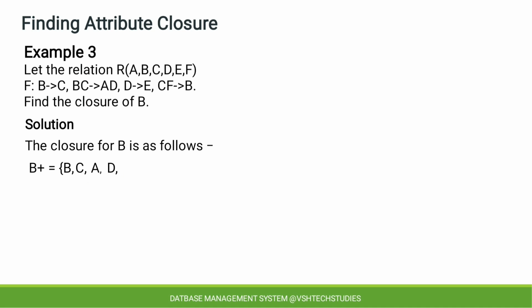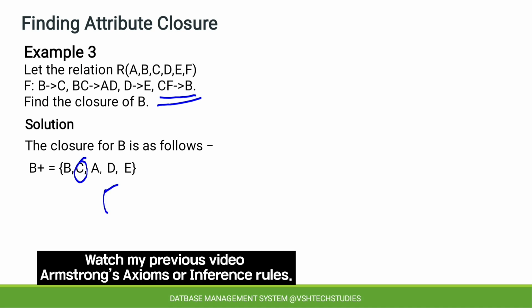Next, if you observe the functional dependency set, D determines E. So in the result set we have D, hence E must be added to the result set. So E is added to the result set. The functional dependency which is not used is CF determines B. So C is here but F is not present. Hence the procedure is stopped here.